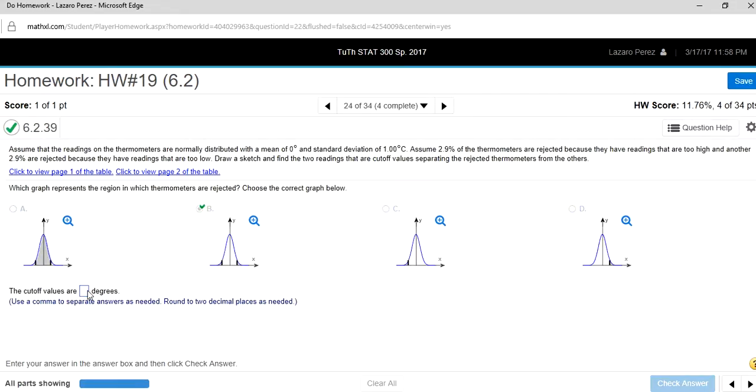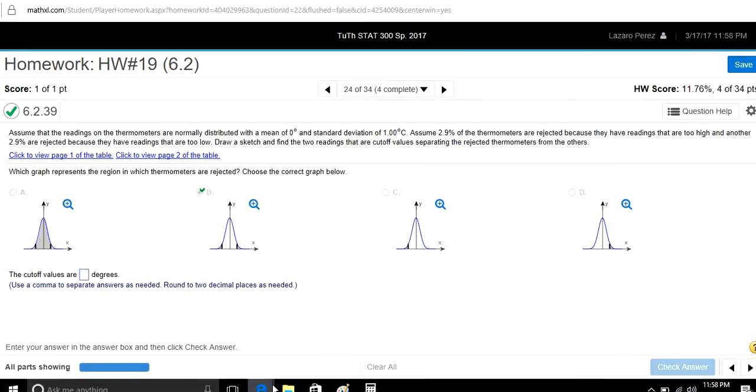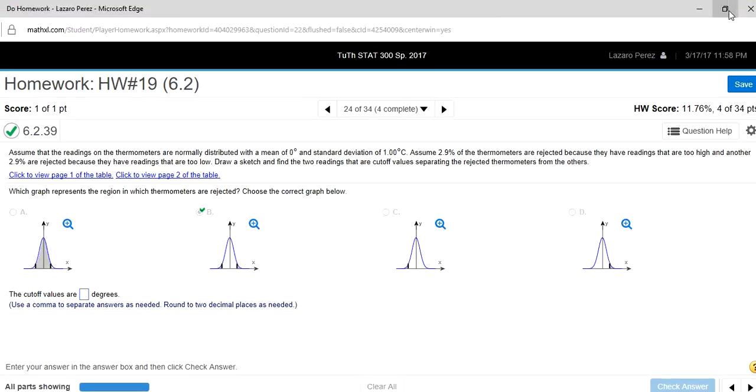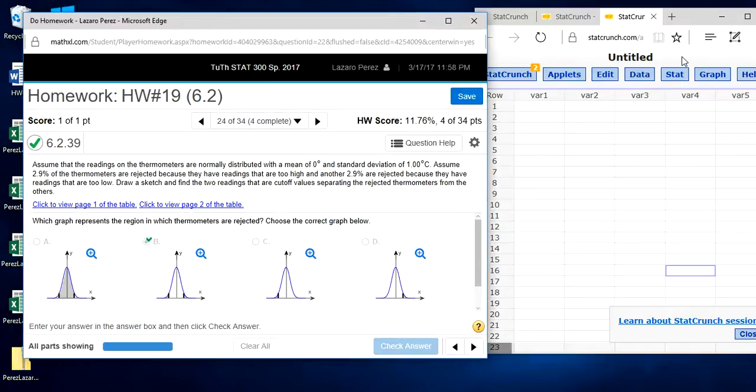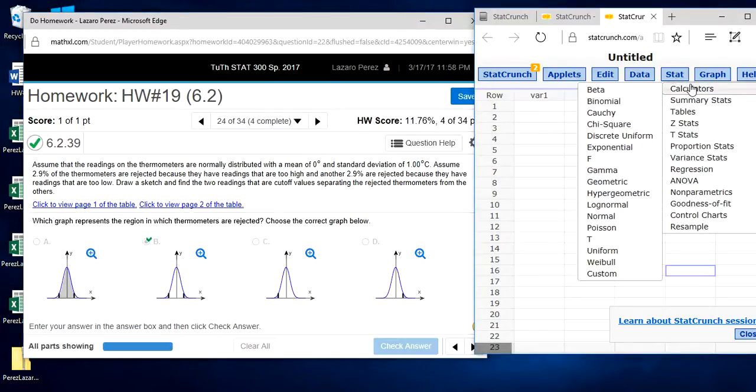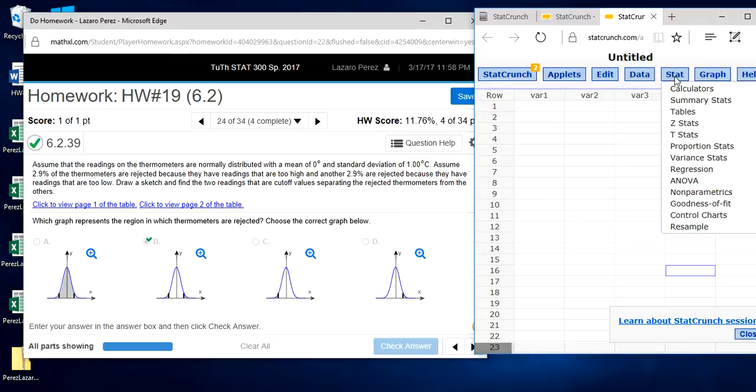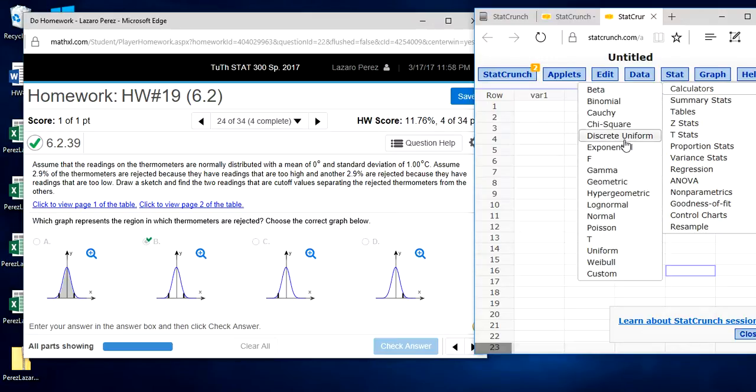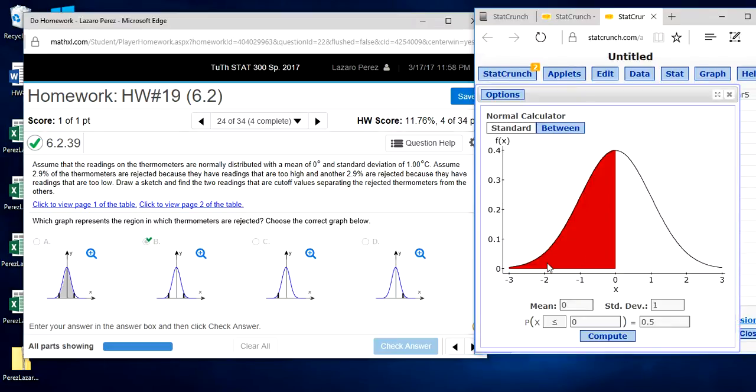Okay, so the cutoff values. Now they want to know the z-scores for these. So for that, we'll have to go to StatCrunch. To bring it up in StatCrunch, you go to the Stat tab, go to Calculators, and this is a normal distribution, so we're gonna go to Normal. All right, so they want 2.9%.